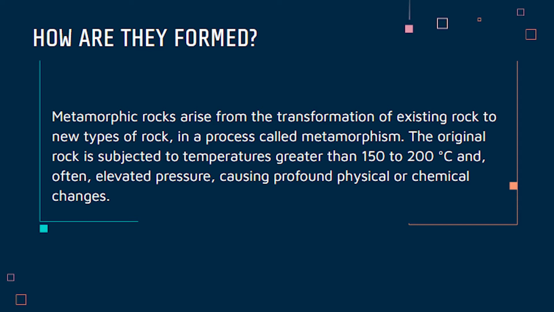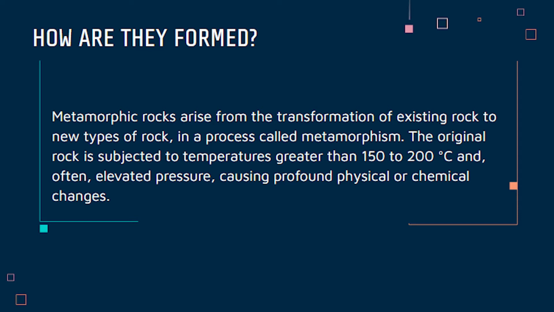And these rocks are now known as metamorphic rocks. So if you were once sedimentary or igneous, but you were subjected to these high temperatures, your composition changes and you're now a metamorphic rock. All right, so that's the little process behind a metamorphic rock.